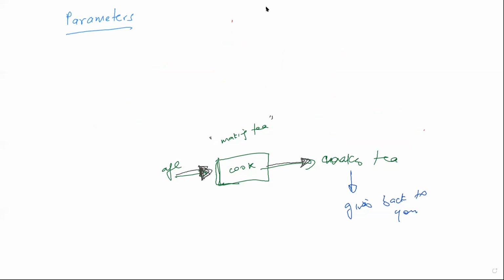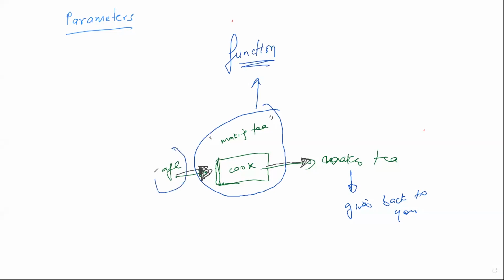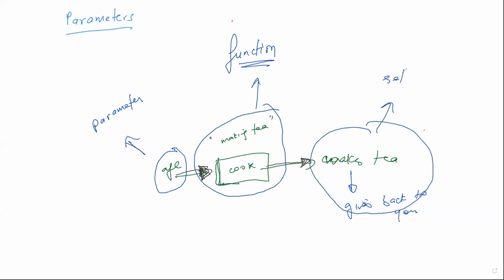So basically, let me draw the analogy. This cook is a function. All it takes as input before doing its processing is the parameter that you provide the function. And all it gives back is the return thing.